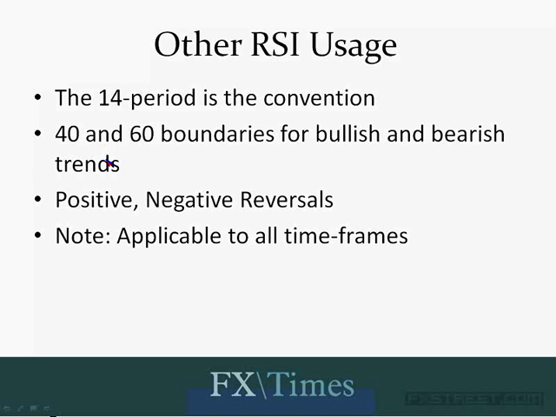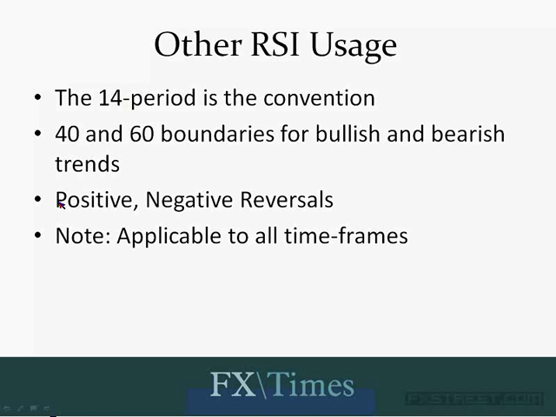In the trend following approach, the levels 40 and 60 are boundaries for your bullish and bearish trends. In the bullish trend, the RSI should stay above 40, and in the bearish trend, the RSI should stay below 60. We're going to explore that in a moment.